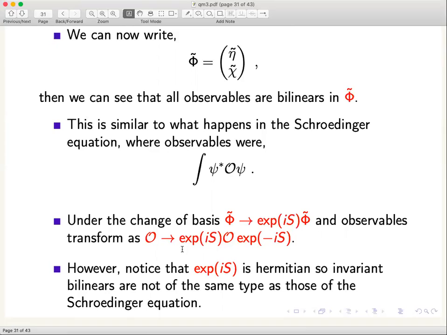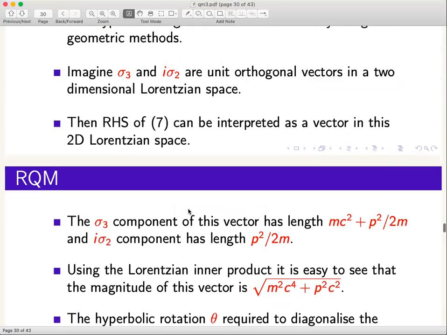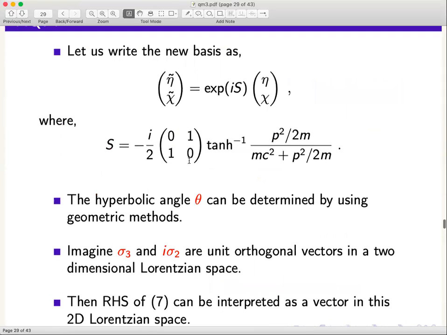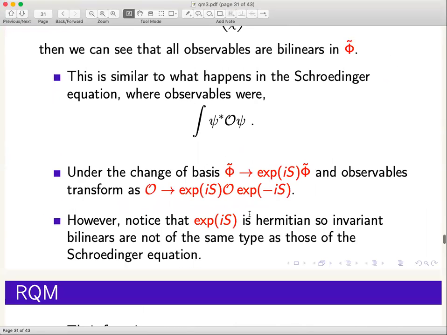But notice that in e to the i s, with s defined this way, there's a factor of i and minus i would cancel out, and then you have e to the some real quantity sitting up there. With this being a Hermitian matrix, this entire expression is actually Hermitian. So e to the i s is not a unitary object, but a Hermitian object.